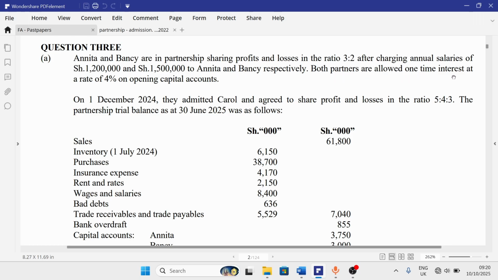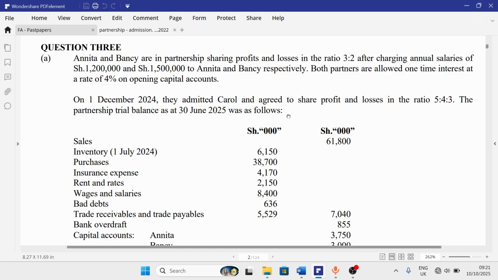Both partners are allowed one-time interest at a rate of 4% on opening capital accounts. On 1st December 2024, they admitted Carol and agreed to share profit and losses in the ratio 5:4:3. The partnership trial balance as at 30th June 2025 was as follows.